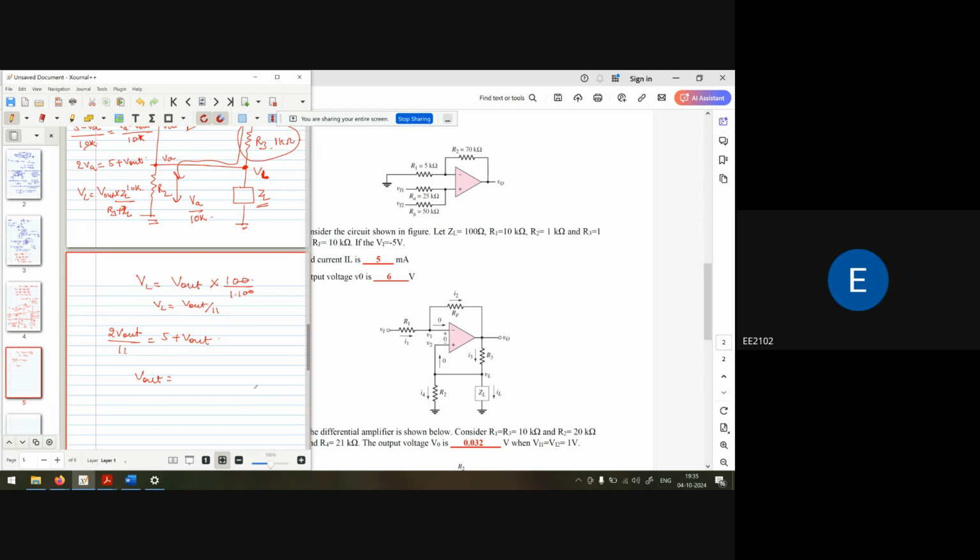So V out value is 5 into 11 by 9, that is around 6 volt, with negative sign. But if you see that Vi is negative, so V out is positive. If Vi is negative, V out is positive. So it is around 6 volt.